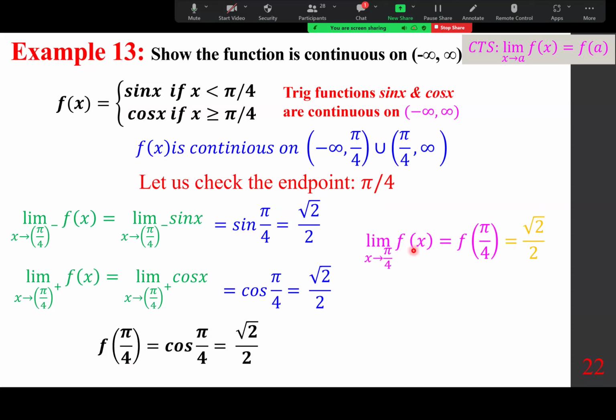The limit of f of x as x approaches pi over 4 is f of pi over 4, which is square root of 2 over 2, and therefore it makes it continuous at pi over 4. And because it's continuous here, adding pi over 4 makes it continuous from negative to positive infinity. So I hope you realize why we had to check the endpoint, namely pi over 4.